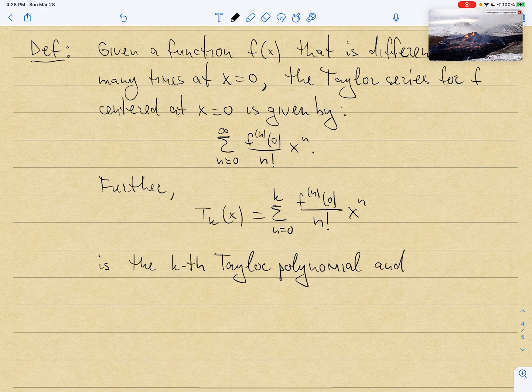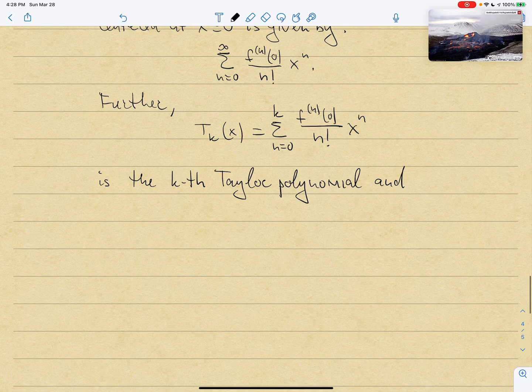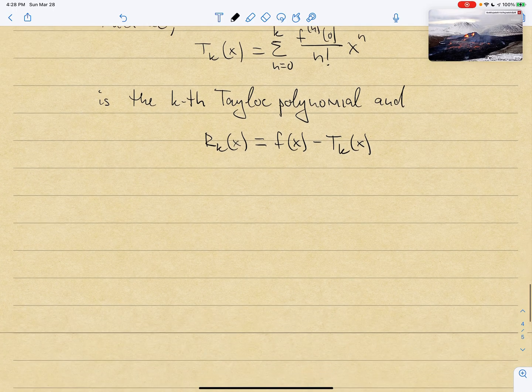And Rn of x, or Rk of x, equal to f of x minus Tk of x. This is the k-th remainder.